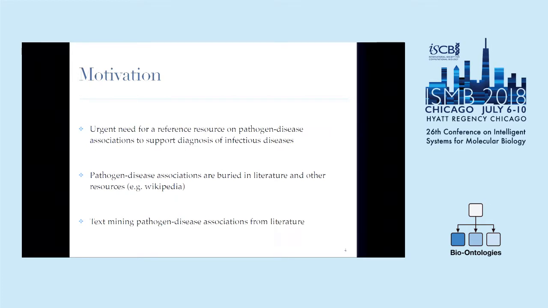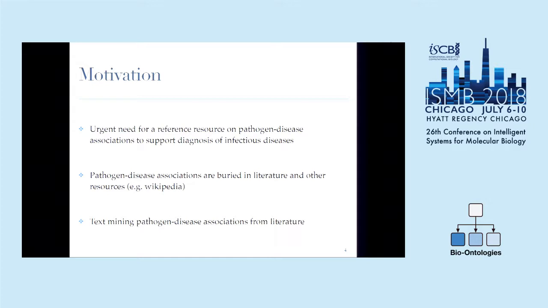So there are just a couple of disease pathogen associations stored in resources. And we urgently need a reference resource on pathogen disease associations.